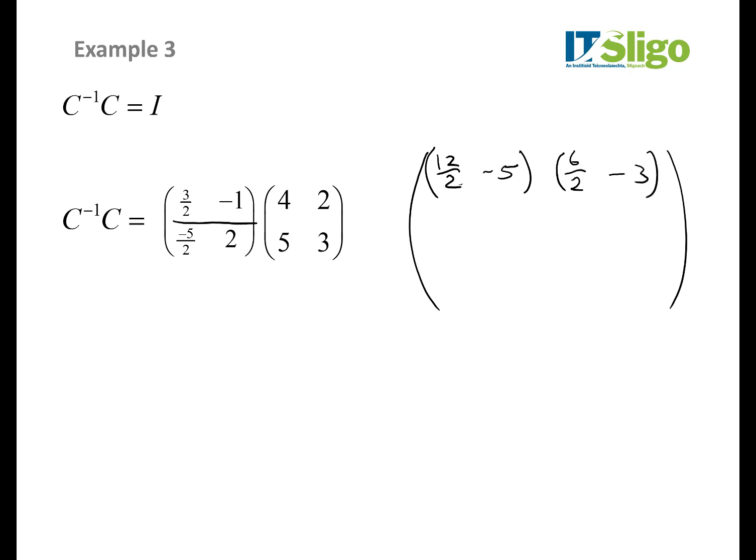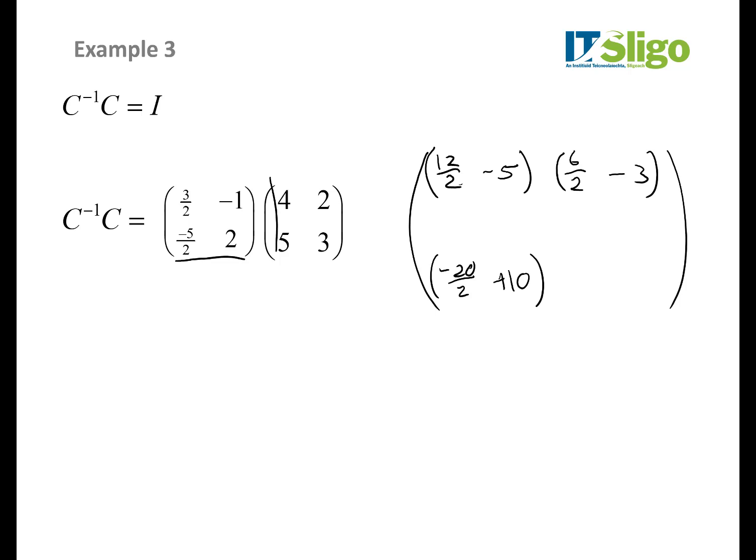Now, bottom row by the left hand column. Minus 5 over 2 by 4, that's minus 20 over 2. 2 by 5, that's plus 10. My mistake.